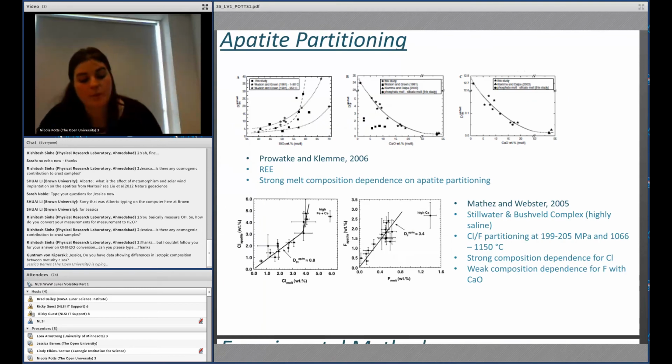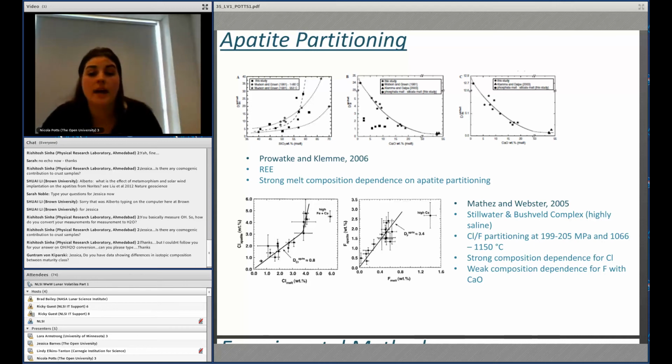For apatite partitioning, the work that's been done previously includes that by Perot and Clem. They were looking specifically at rare earth elements, and they found quite a strong melt composition dependence. The work by Mattei and Webster, like Perot and Clem, was looking at a terrestrial system.